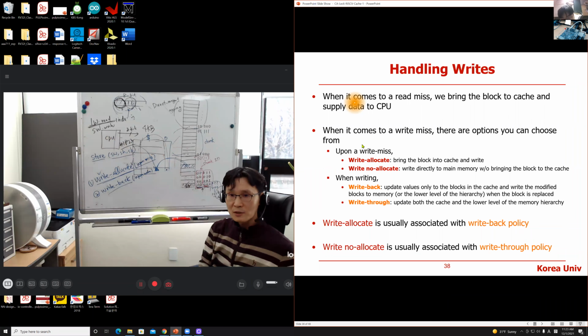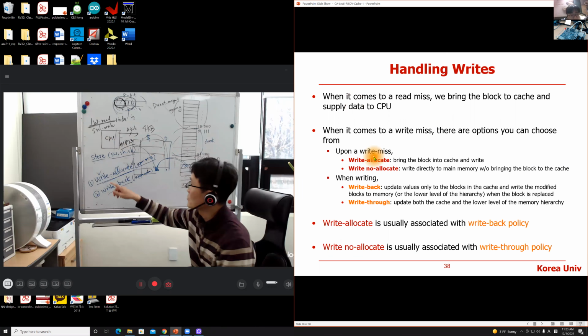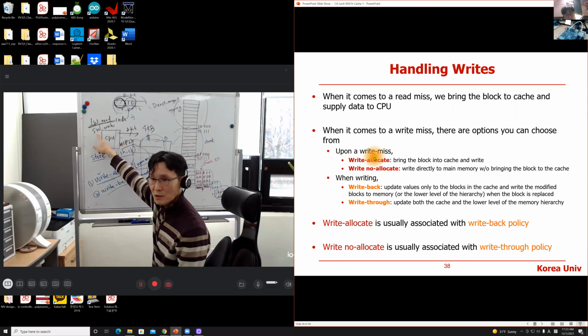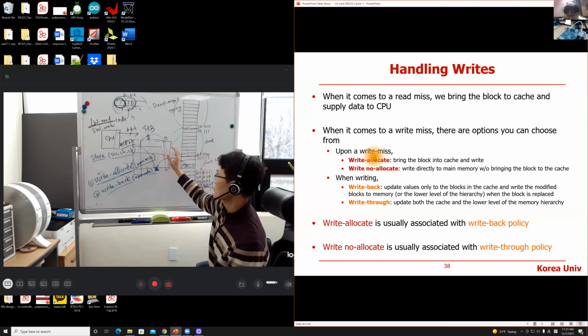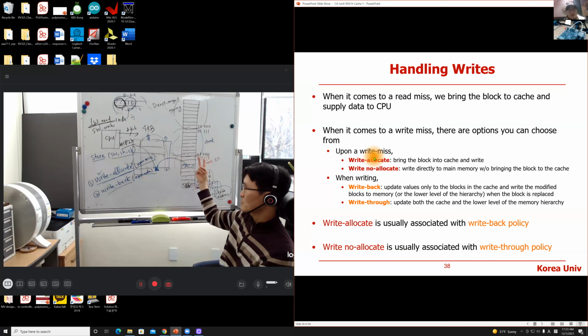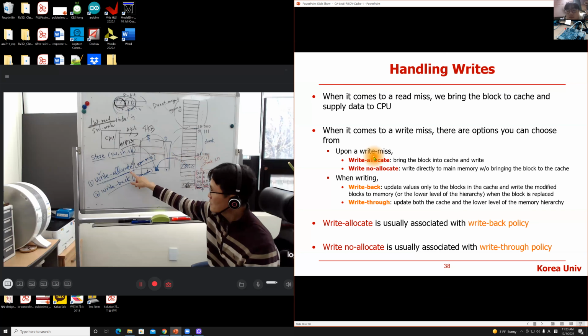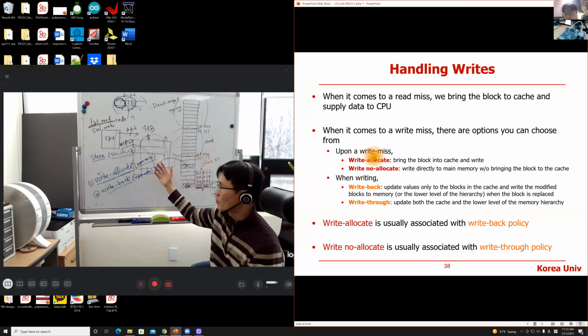When you are executing an SW instruction, a memory write instruction, and you miss the cache, the cache does not contain the information you are looking for. Then what should happen? Two different policies: allocate or no allocate.